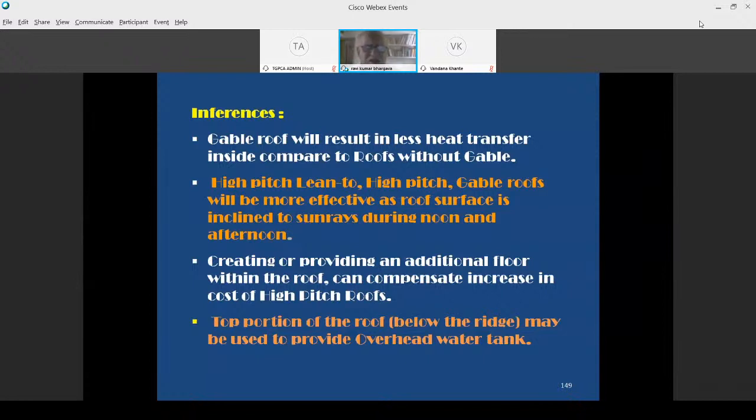But in general, the eastern wall is more safe. The northern wall is the safest from heat gain. What I am trying to suggest here is, provide a textured surface. Different types of plasters are there. Pebble dash plasters are there, where you have pebbles on the surface. Then you can go for double coat sand face plaster with sand particles on the surface mixed with cement.